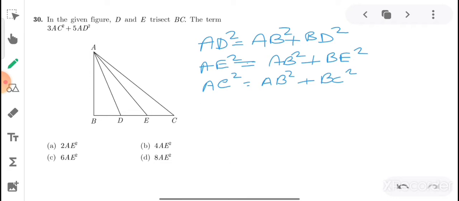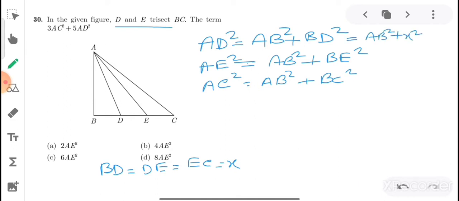We just use Pythagoras theorem for three triangles, and here our condition is given, that is D and E trisect BC, means if we take BD is equal to DE is equal to EC, let's say it will be X. Then BD is X, BE will be 2X, and BC will be 3X.